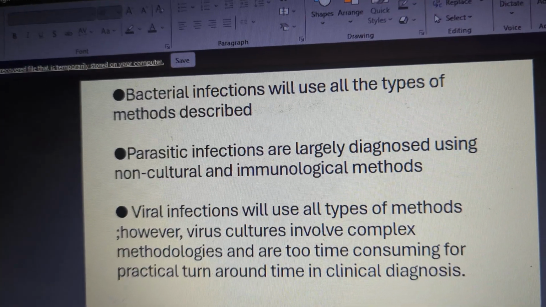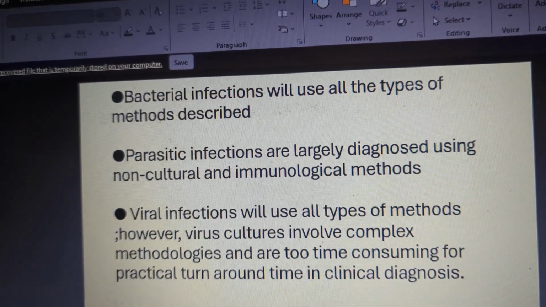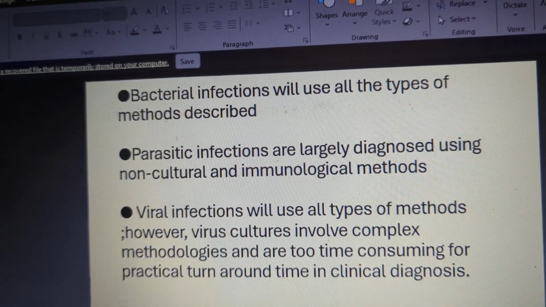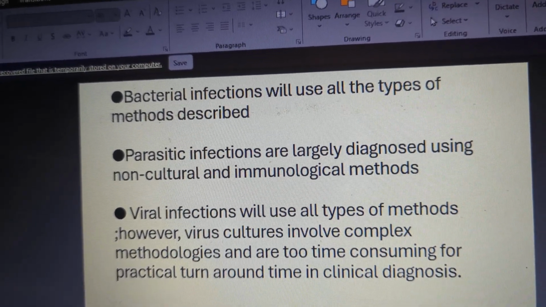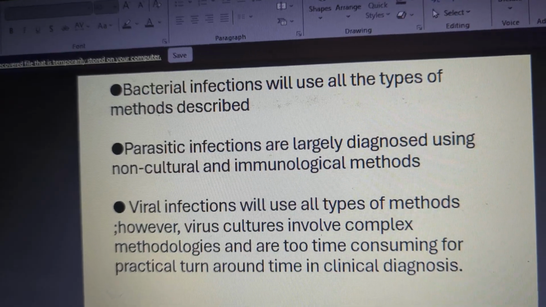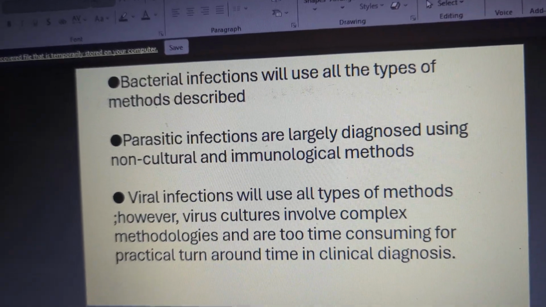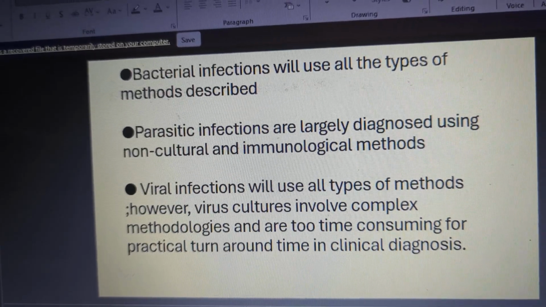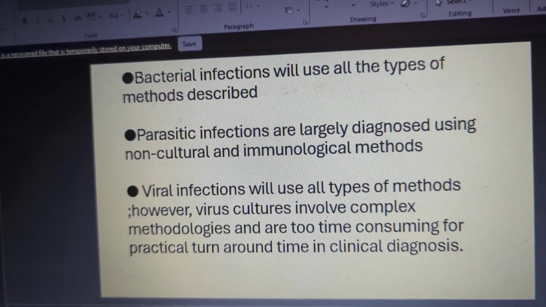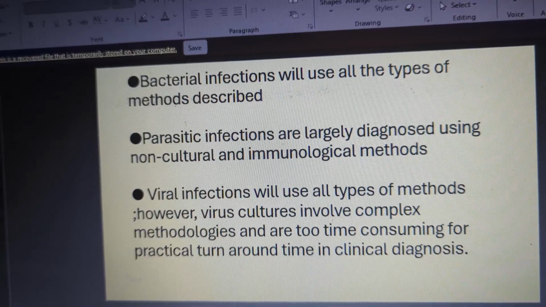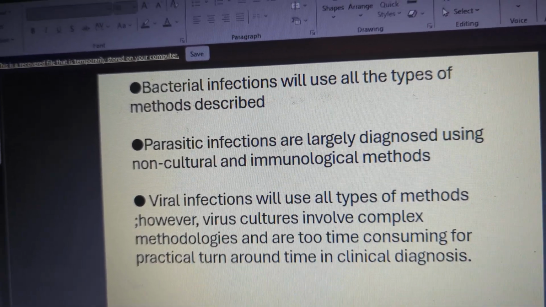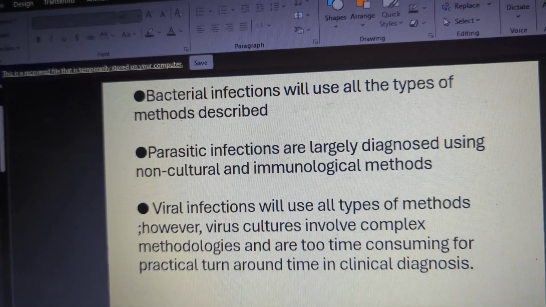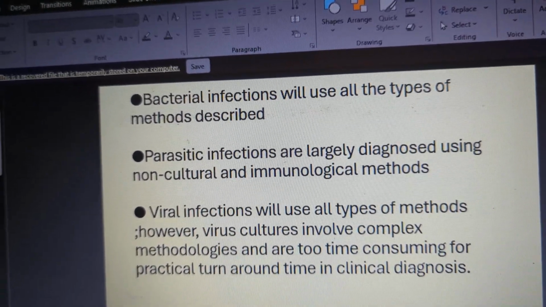Under the viral infections, we can also apply all those methods, but we should state that the culture method is very, very complex when we're dealing with viruses and very time consuming, which then takes away from turnaround time in clinical diagnosis when results are needed. And so basically, we're saying viral infections will rely more on the non-cultural methods and the immunological methods.